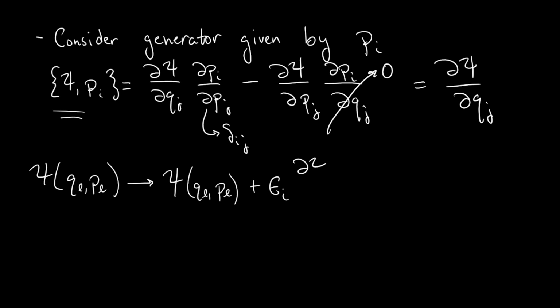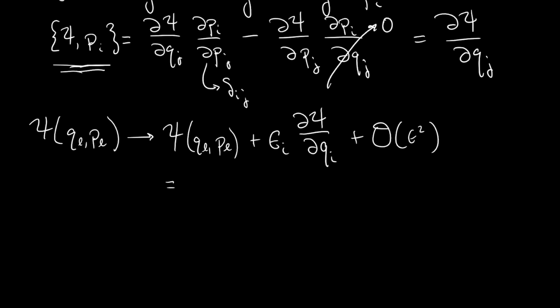And this is just ∂ψ/∂q_i, not j, sorry, this should be i, because I'm summing over all of the different Poisson brackets corresponding to the different momenta, plus order epsilon squared.